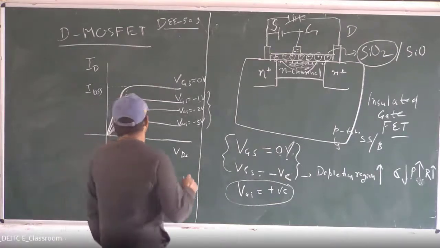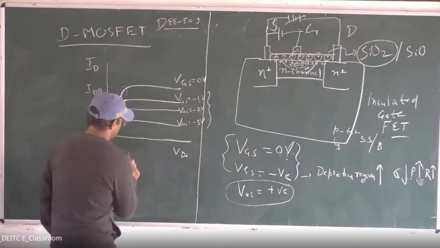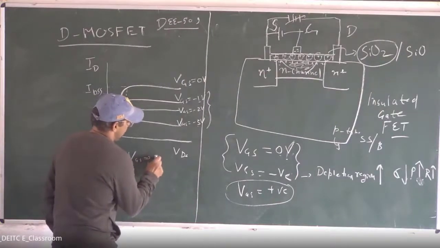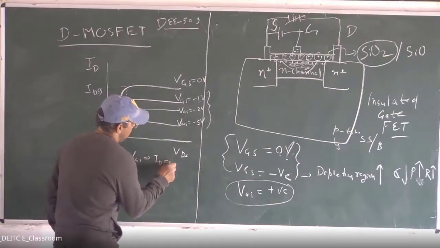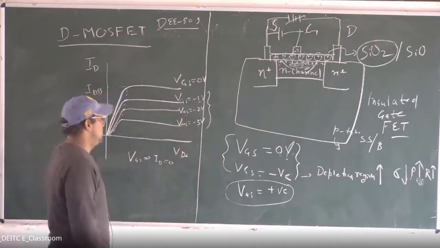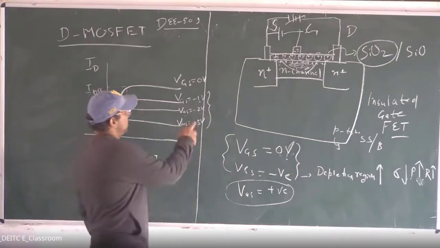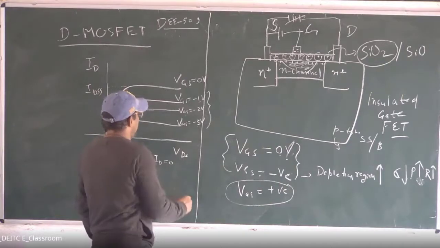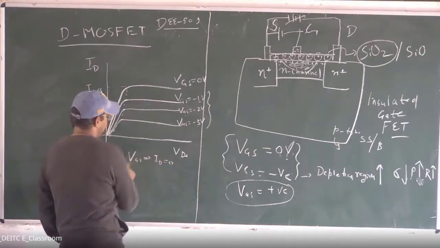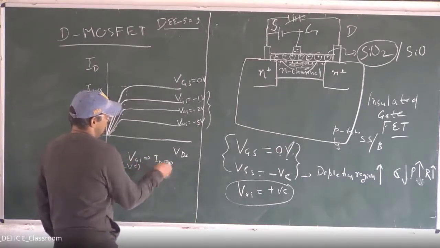Okay. So this is VDS and there will be some VGS at which this ID will be 0. You can understand, as we keep on increasing this negative voltage, negative में हम increase कर रहे हैं, -1, -2, -3, then at a particular negative VGS, the ID will be 0.